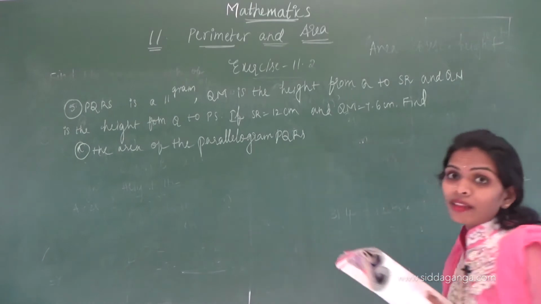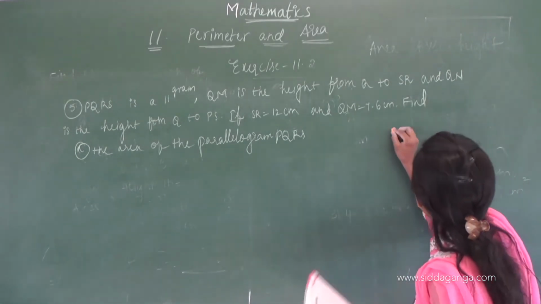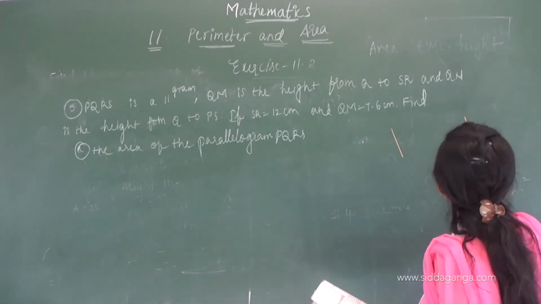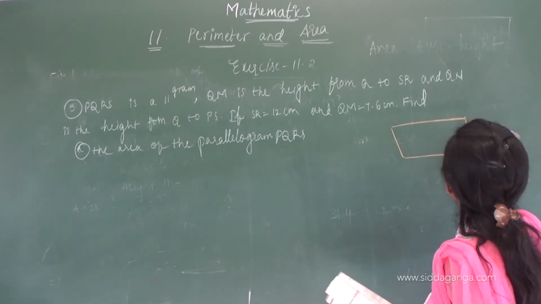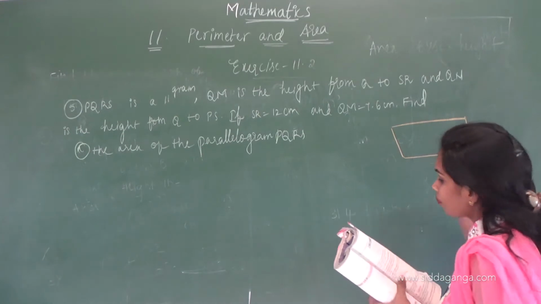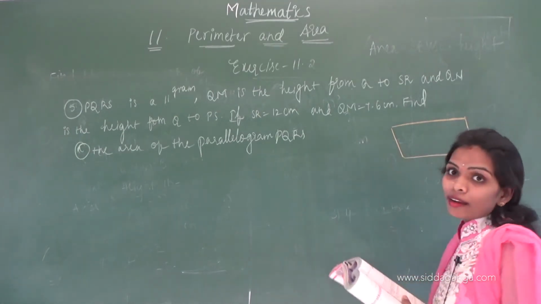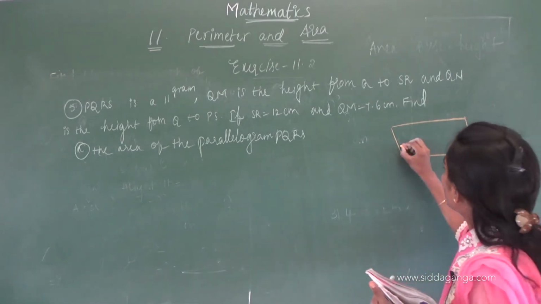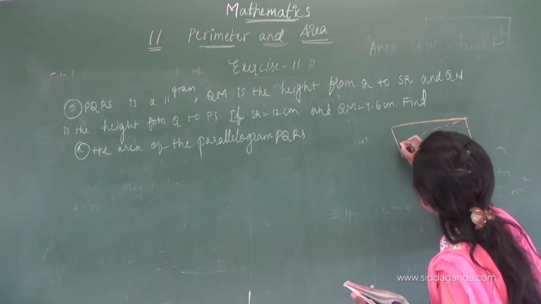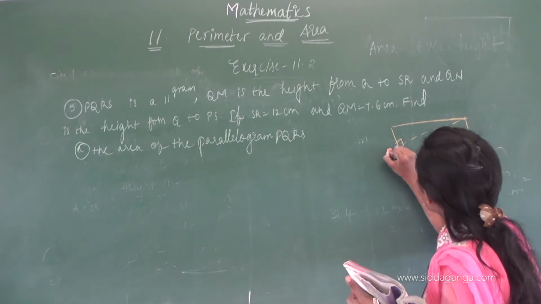See children, they are giving one parallelogram. In that, two types of perpendicular heights they are giving. This is one type, that is NQ.